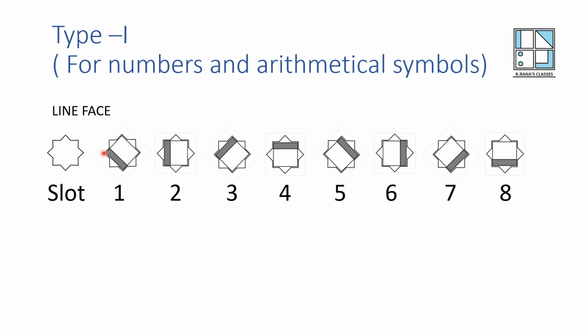First position is always at this end, that is on the left hand side, inclined towards left only. This represents number 1. Now one by one change the positions in clockwise direction.